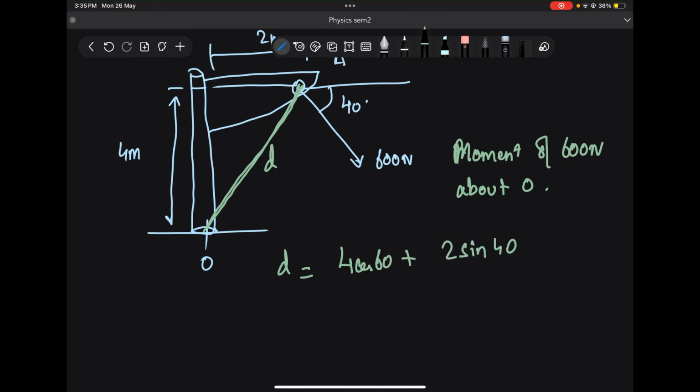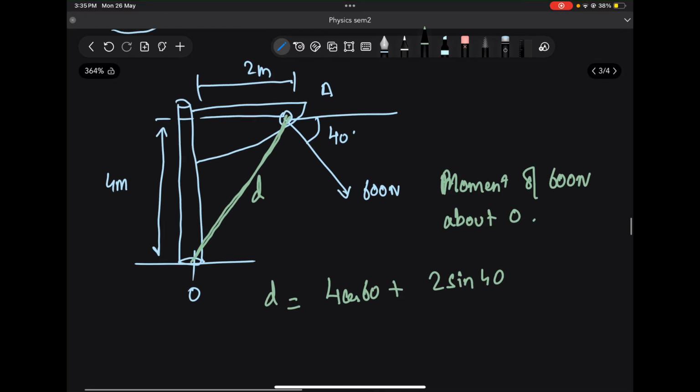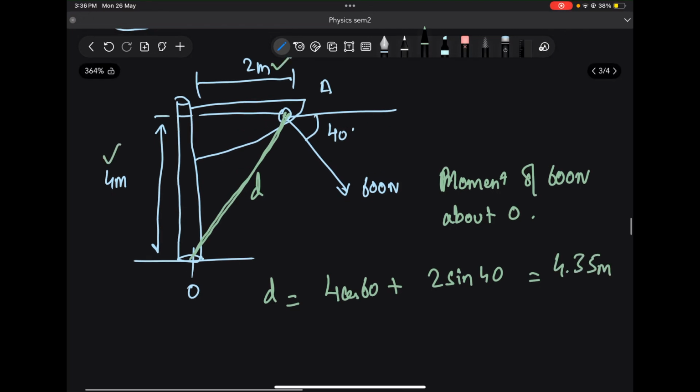This is of course using simple trigonometry. You can just see it on your own. You can solve this and you will see that this comes out to be about 4.35 meters. So by using these two lengths and these two angles, which I know, I've calculated the value of D.